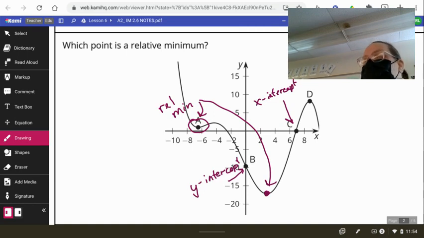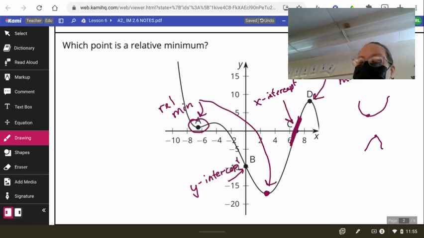This C is not a relative minimum because it's not the lowest point in comparison to what's around it. It only counts if it's a dip. Yeah, it has to be one of those dips. This would be a minimum. This would be a maximum. Would D be the maximum? Yeah, absolutely. This would be the relative maximum.